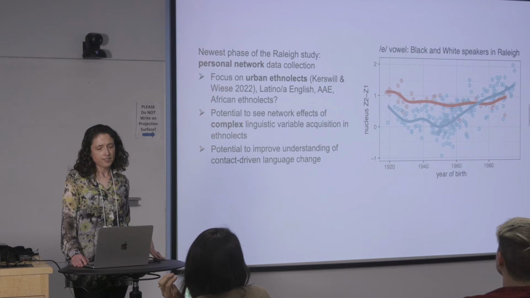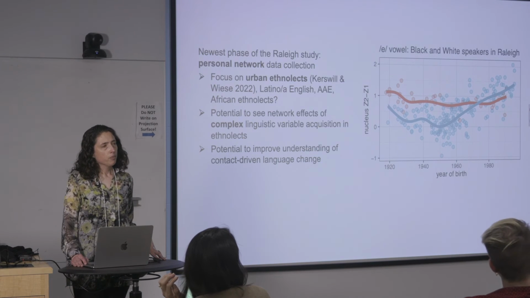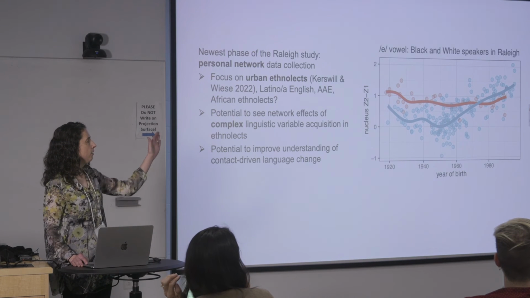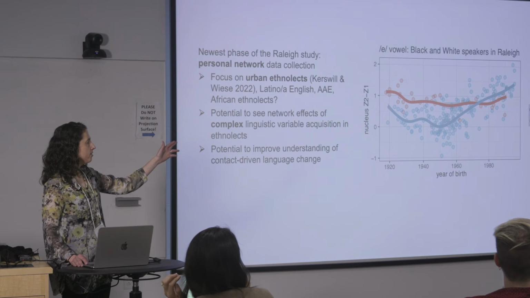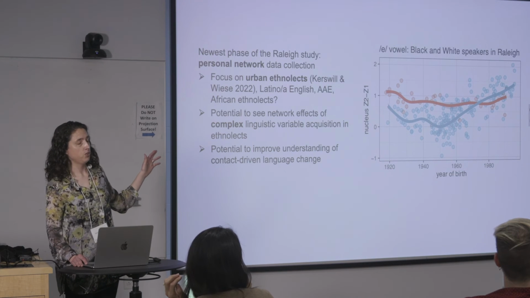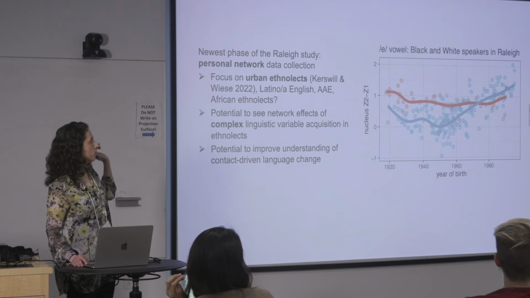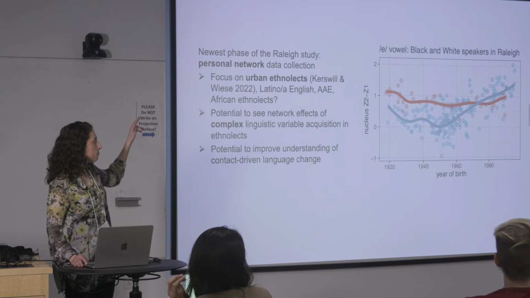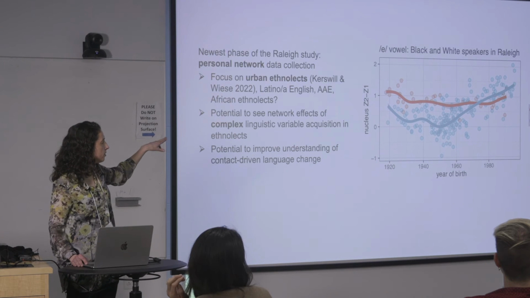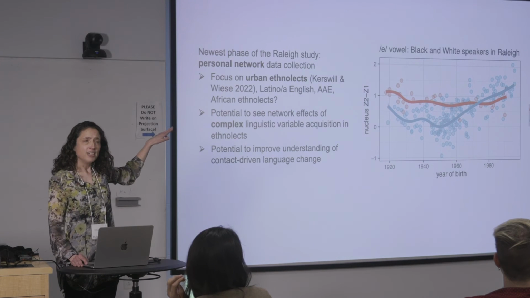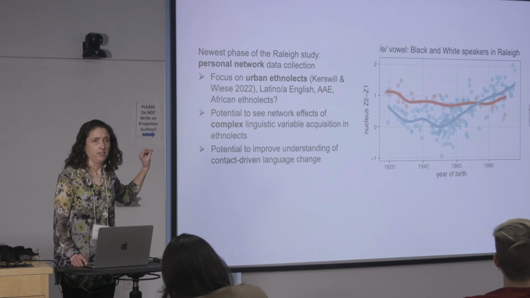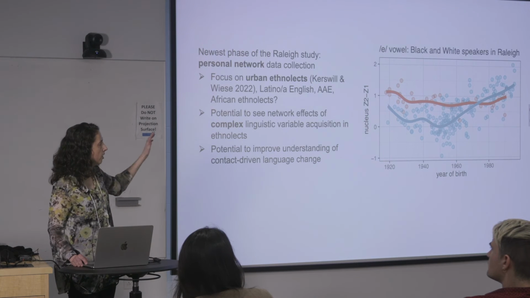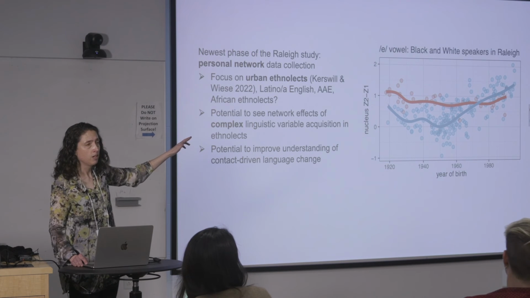This graph is the same thing I've been showing you, about A changing over time, but now you can see not just the white speakers, but also the black speakers, and there aren't as many of those. What you can see is that the oldest black speakers over on the left never had Southern A. They grew up in Raleigh, but they never had Southern A, so they're not really exhibiting change over time.